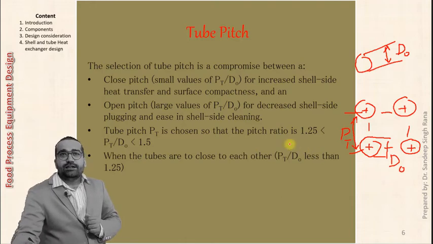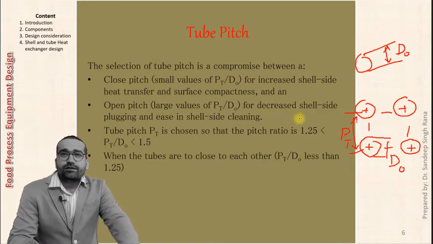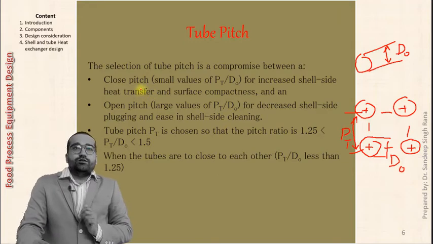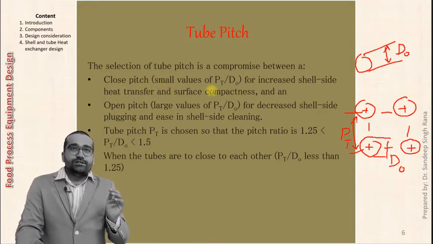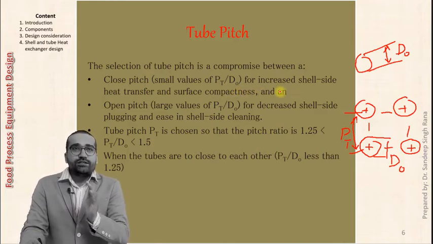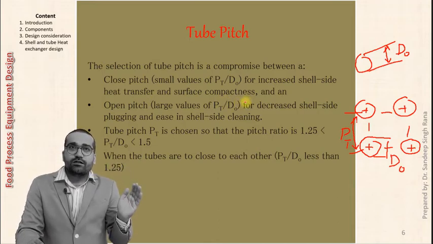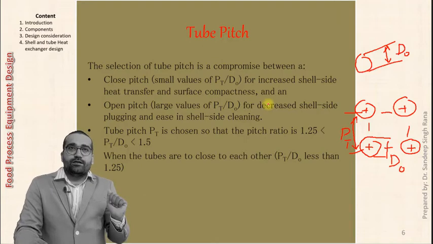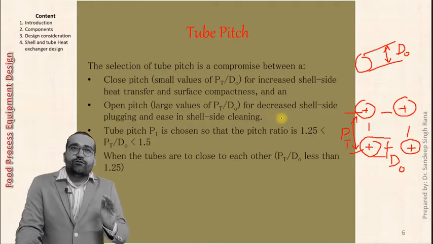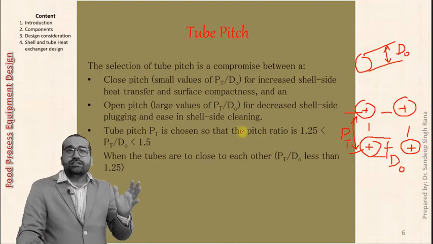And we should maintain a certain ratio when we are designing the shell and tube type heat exchanger. We can see close pitch, a small value of P by D naught, increases the shell side heat transfer and the surface compactness, and open pitch, or large values of PT by D naught, decreases shell side plugging and eases the shell side cleaning.